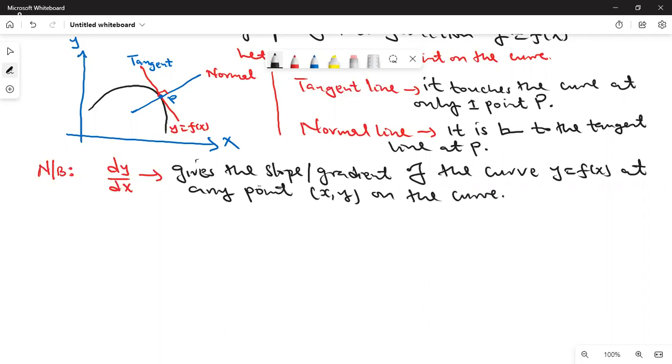So dy/dx is the rate of change, or simply the gradient of that curve at point (x, y).